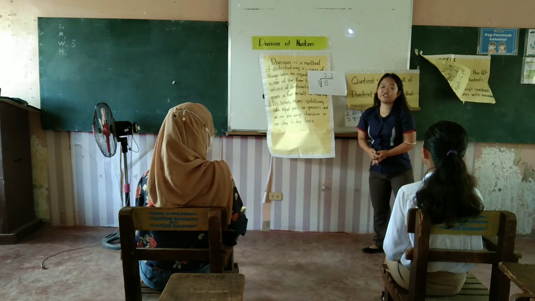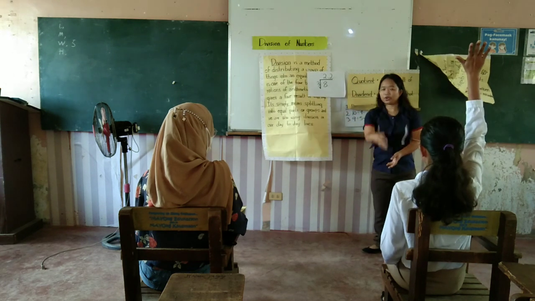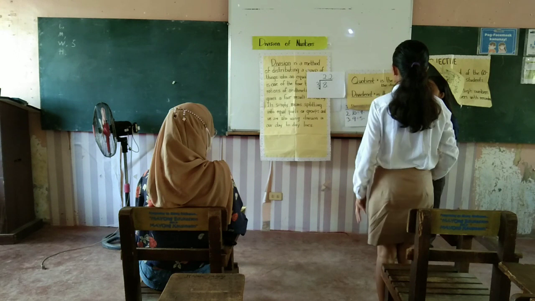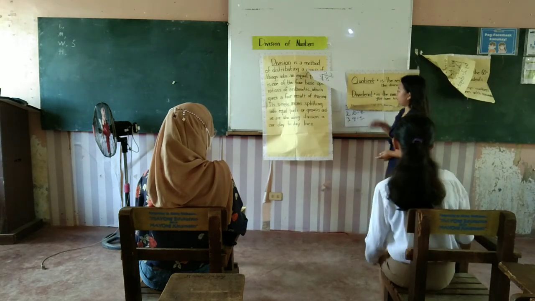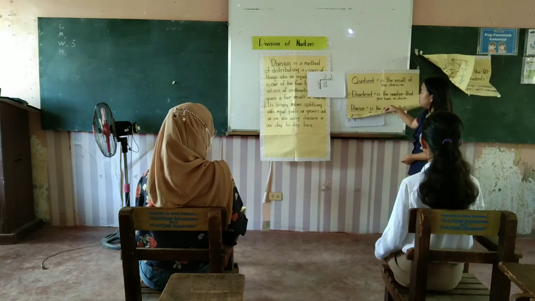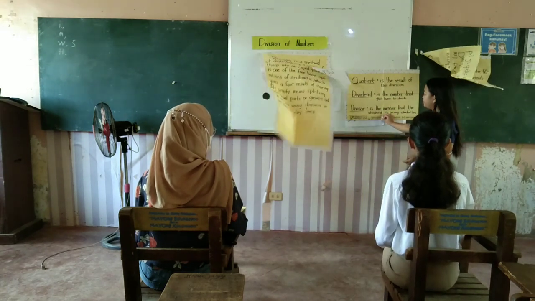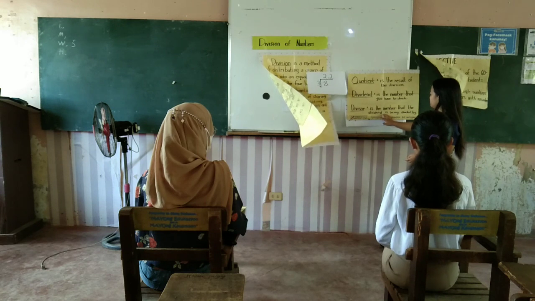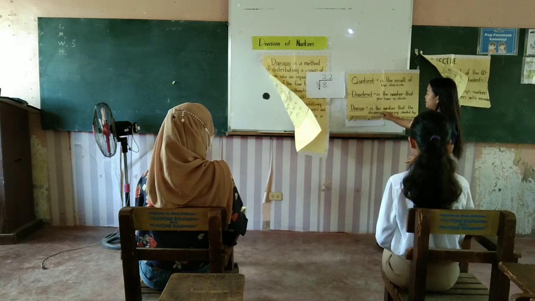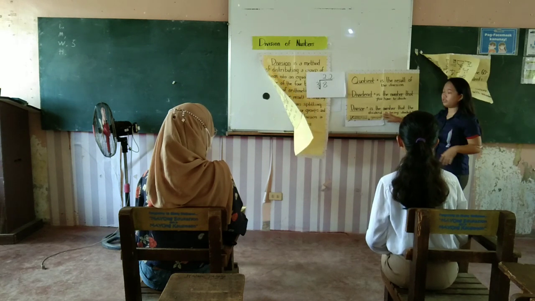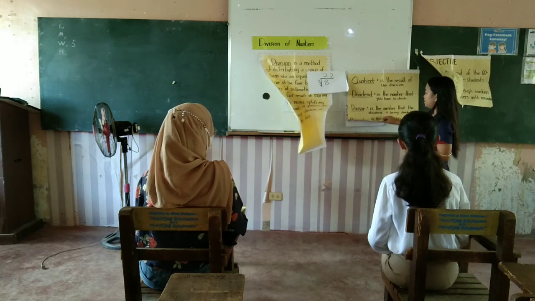So where is the divisor? Okay, Kripa. The divisor, ma'am, is 3. So what is divisor? Please read. Divisor is the number that the dividend is being divided by.